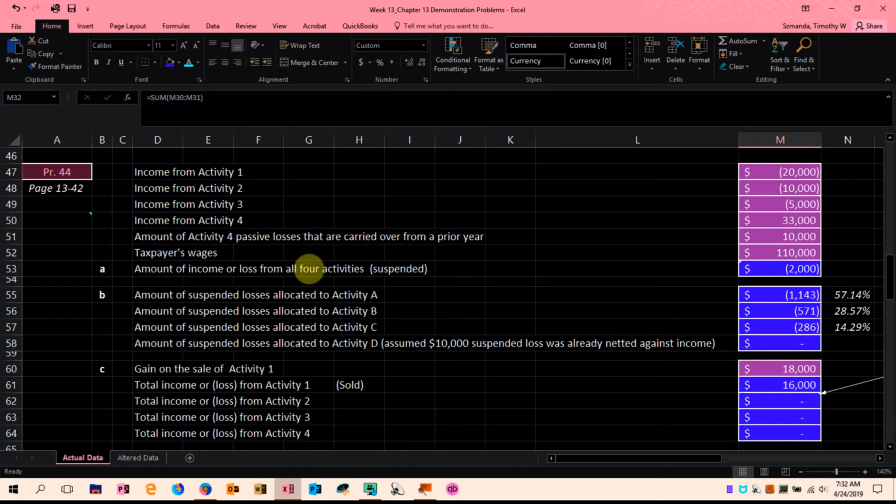Activity 1 had a loss of $20,000. Activity 2 had a loss of $10,000, and activity 3 had a loss of $5,000, and activity 4 had a gain of $33,000.